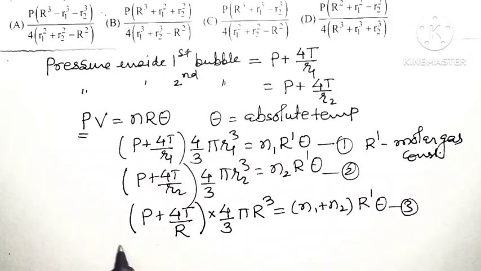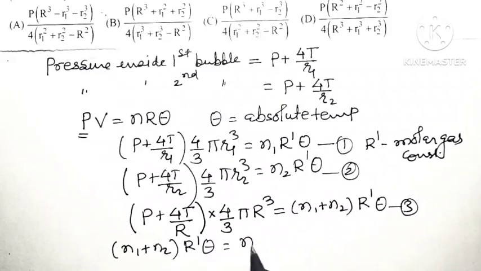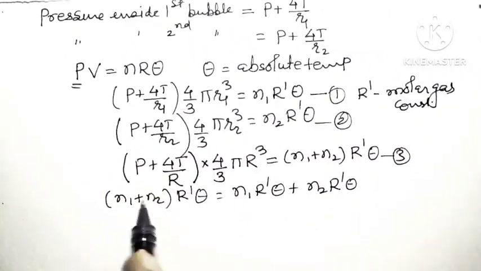So from 1, 2 and 3, what can we say? N1 plus N2 into R dash theta is equal to N1 R dash theta plus N2 R dash theta. Now put the values of N1 plus N2.